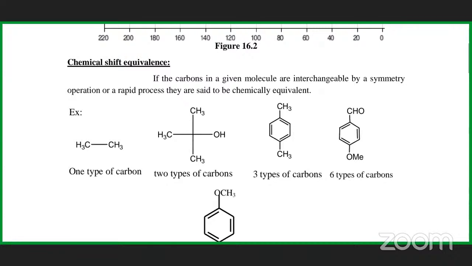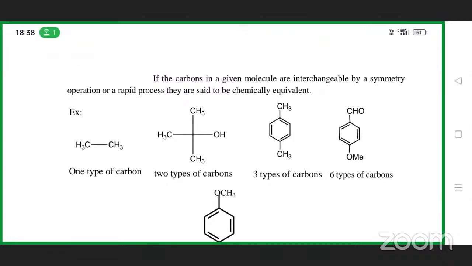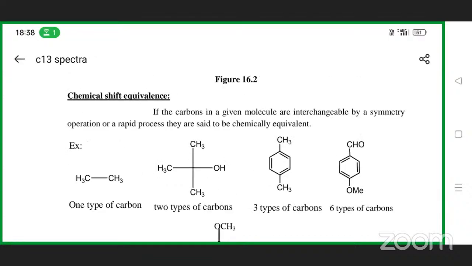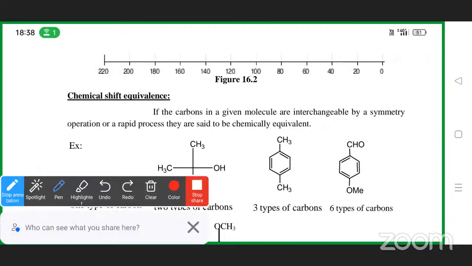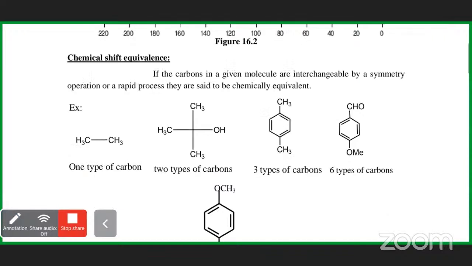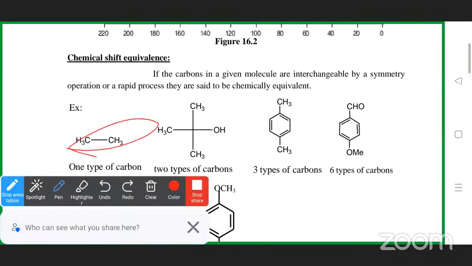We already discussed chemical shift equivalence in the previous class. If you take this alkane, ethane, because it is symmetrical we get only one signal, because both carbons fall in the same chemical environment.